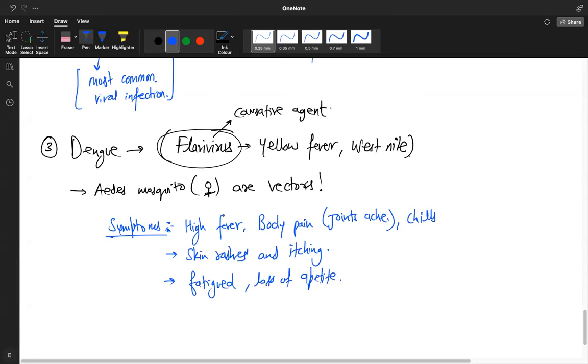Dengue can become severe if this high fever reaches the brain. Okay. And it starts affecting the brain, then it becomes very, very severe and people might also die.